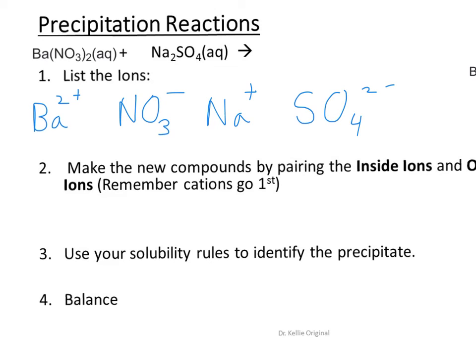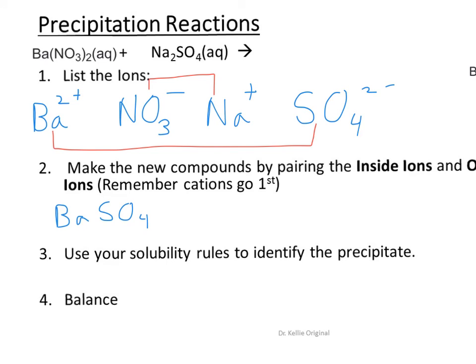All right, so those are our ions. Now we're going to make new compounds by pairing the inside and the outside. Outside, inside. Barium's +2, sulfate is -2, so the compound they would form would be a 1-to-1 ratio.